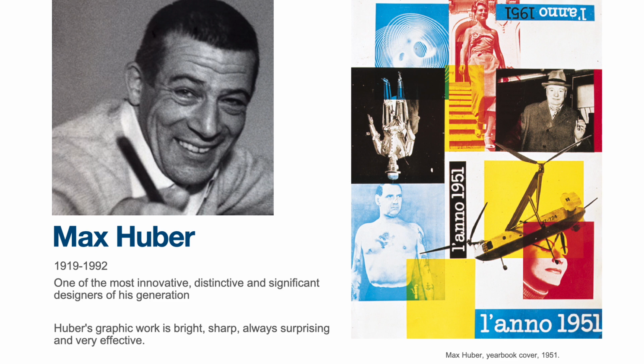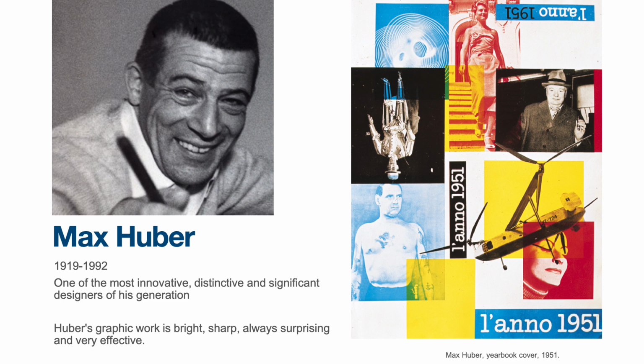In 1946, he was asked to renew the typography of a Milan-based publishing house. It was at that time Huber became acquainted with a circle of brilliant left-wing intellectual artists, and he would collaborate with these particular artists.